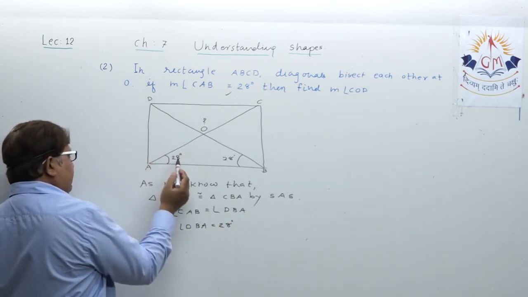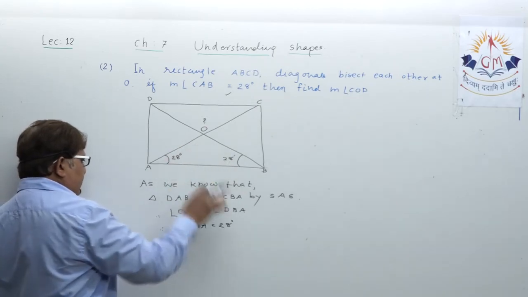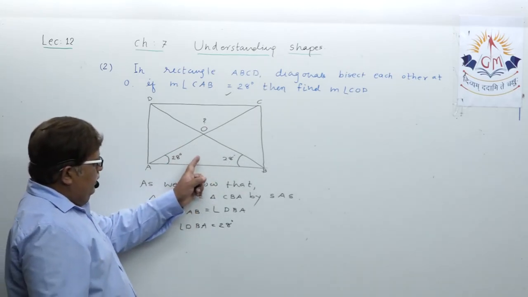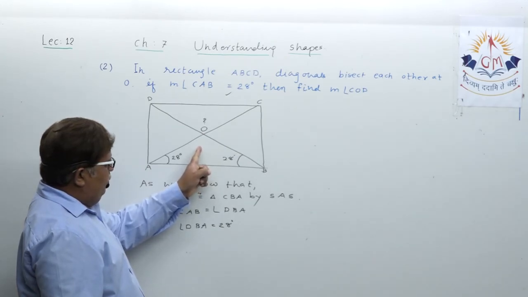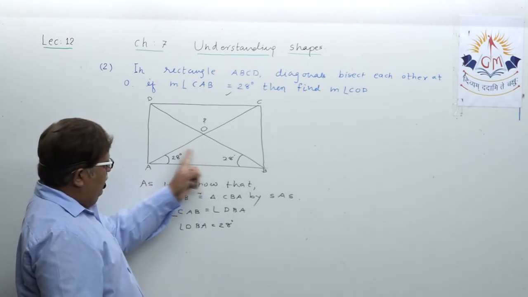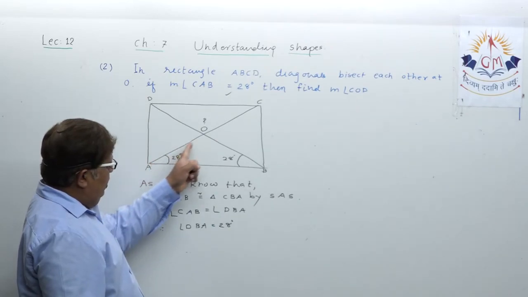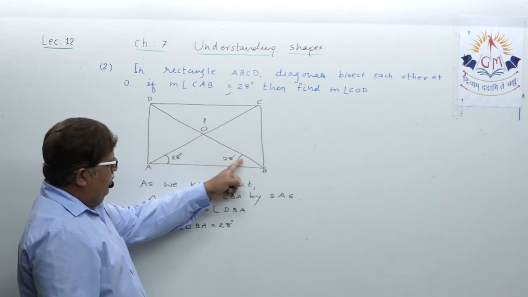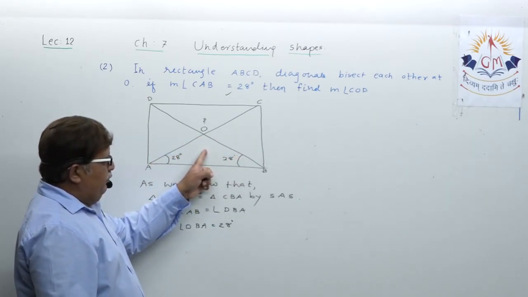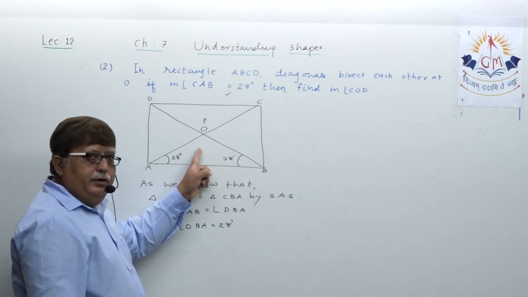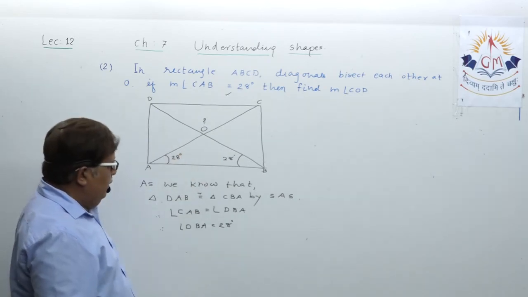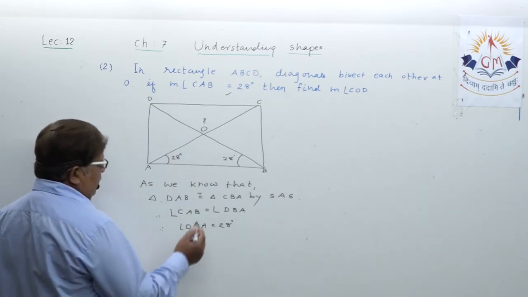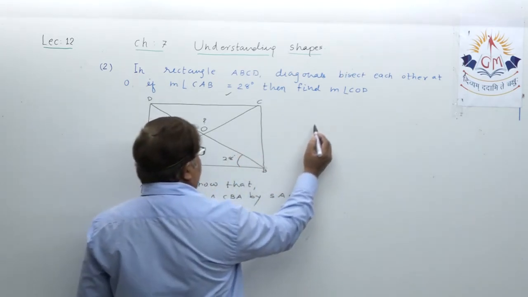Now, dear student, these two angles you got. Now your concentration has to be on this triangle, triangle AOB. What is the angle sum property you studied? Sum of all angles of a triangle is 180. So we can write, I am just continuing here.